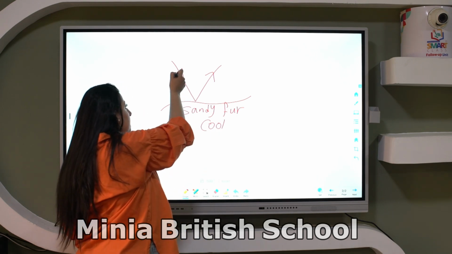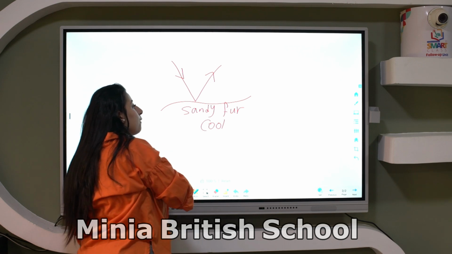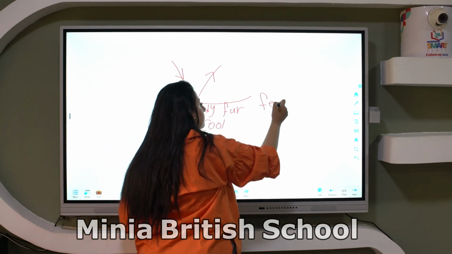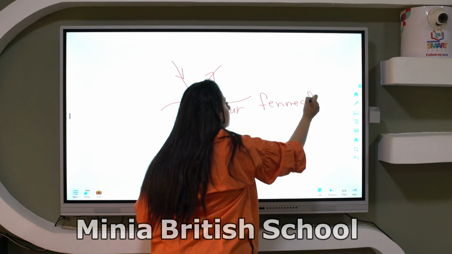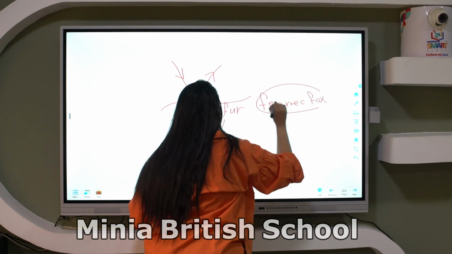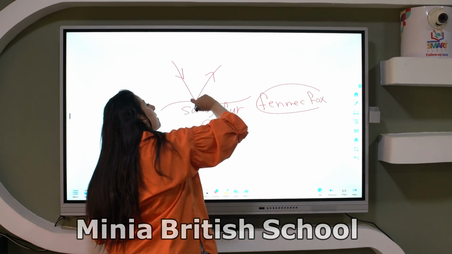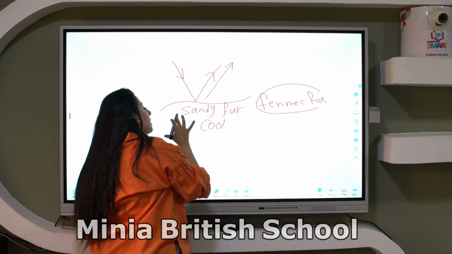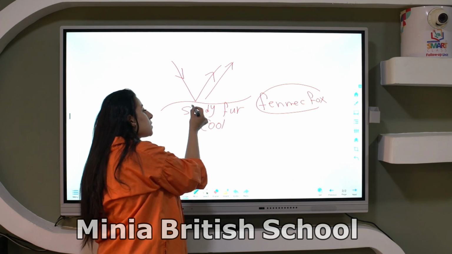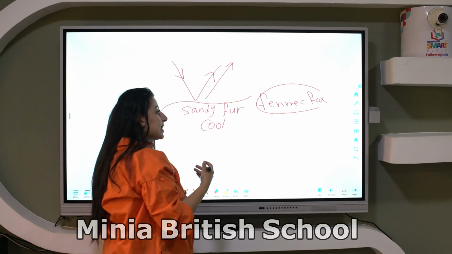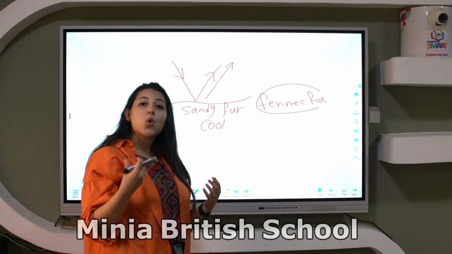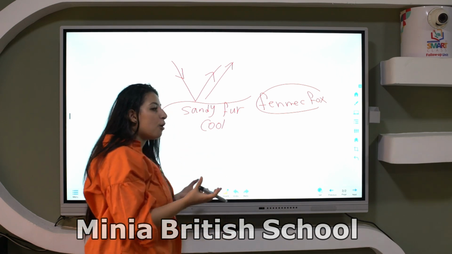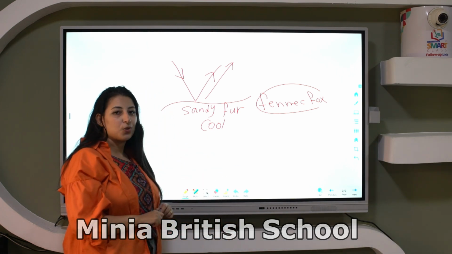So the sun rays fall on the body of the fennec fox, and the fur reflects them upward so the sun rays cannot penetrate the body of the fennec fox, so it can keep its body cool. It's a type of structural adaptation also.